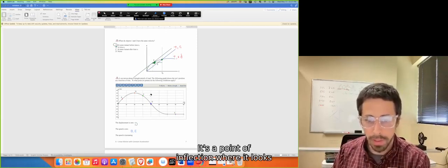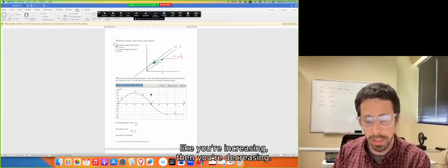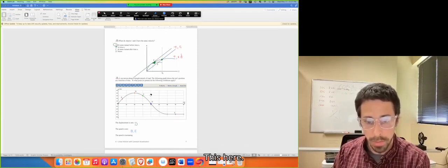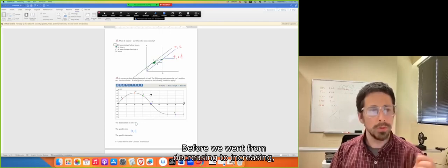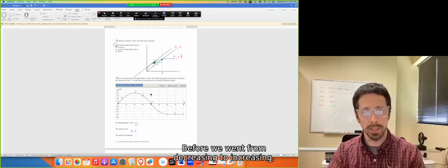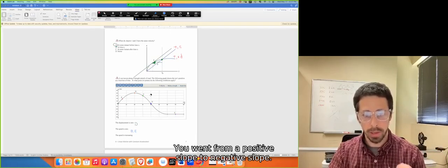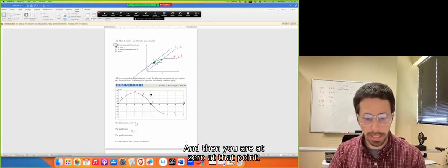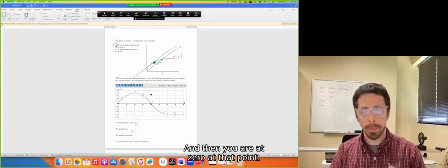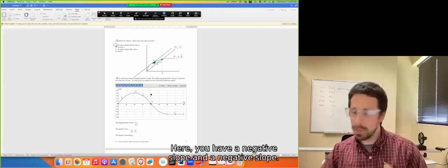D is another one of those funny ones. It's a point of inflection where it looks like you're increasing, then decreasing. At B, we went from decreasing to increasing, where you changed directions, from a positive slope to a negative slope, and you're at zero at that point. Here, you have a negative slope and a negative slope.